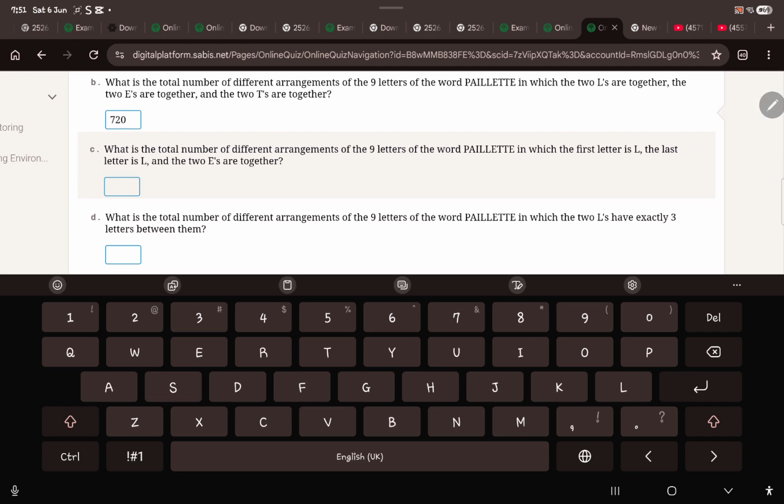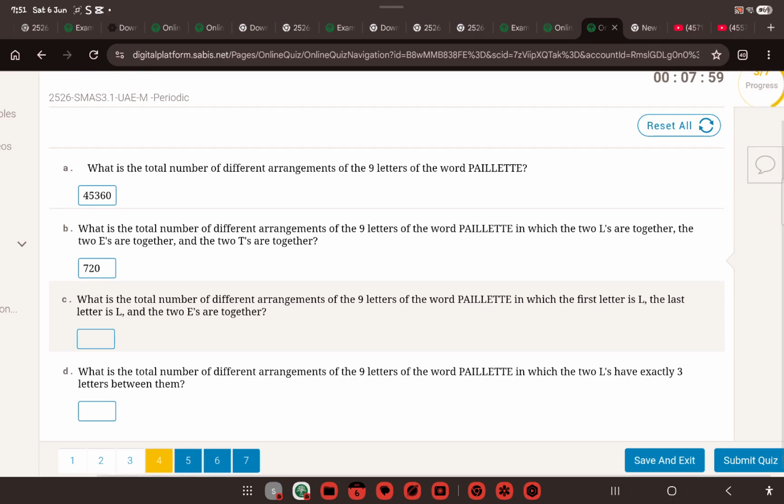What is the total number of different arrangements of the 9 letters of the word palette in which the first letter is L, the last letter is L, and the 2 E's are together? We do L, L, E, E. These two are fixed, so 9 becomes 7 factorial.